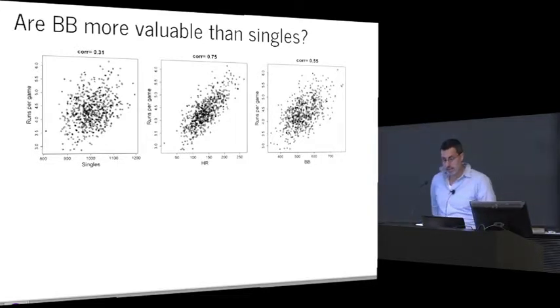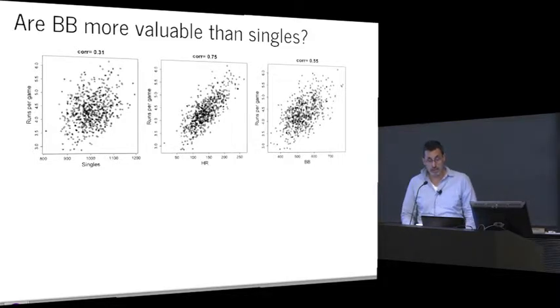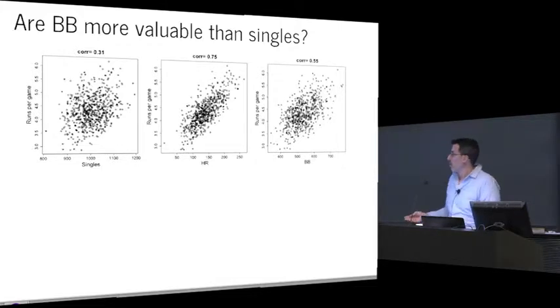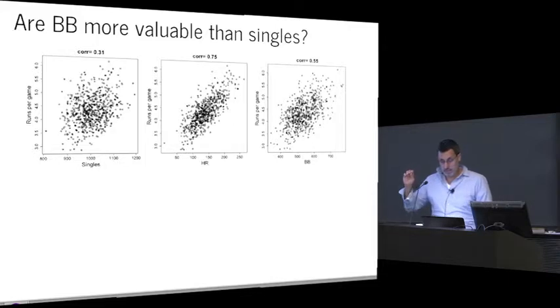So last time, and in this homework, you're going to get this data set with runs and singles and home runs and doubles, all this data for the baseball homework exercise. One of the things we noticed last time is that the correlation between base on balls and runs per game is higher than singles and runs per game.